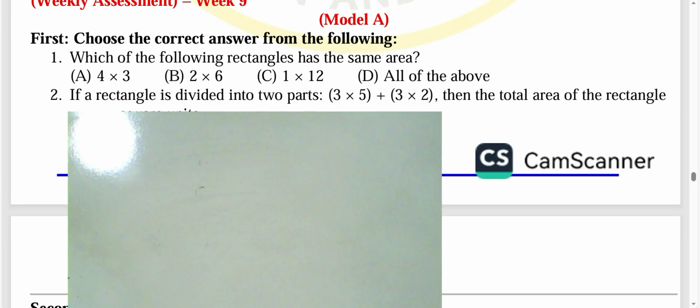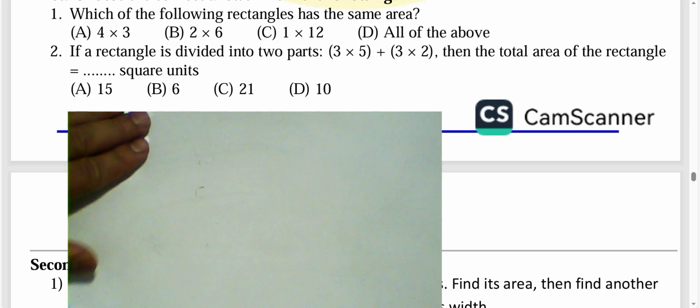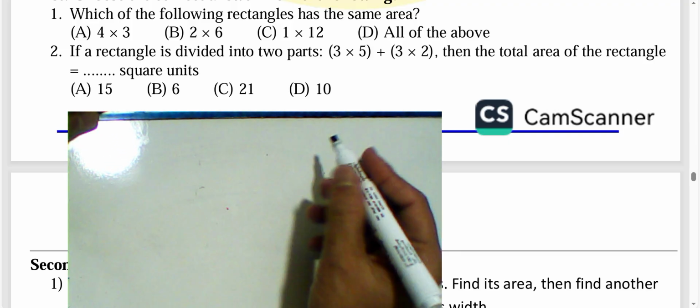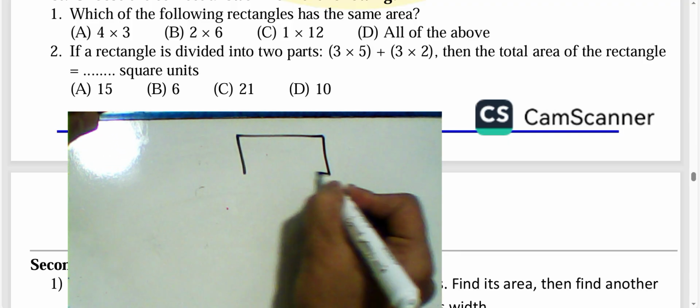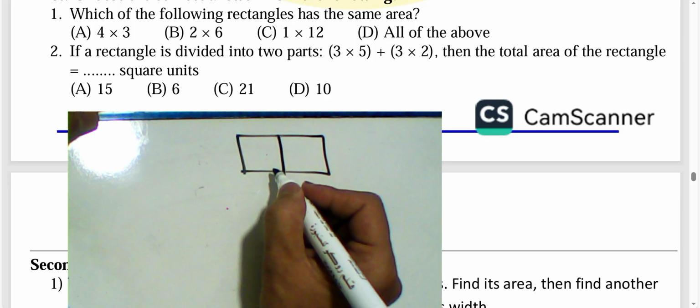Okay, next question, number 2. If a rectangle is divided into two parts, 3 times 5 and 3 times 2, the total area of the rectangle equals? Okay, look here. We have a rectangle divided into two parts, like this. The dimensions are 3 and 5, and 3 and 2.